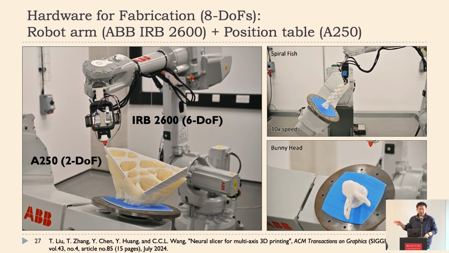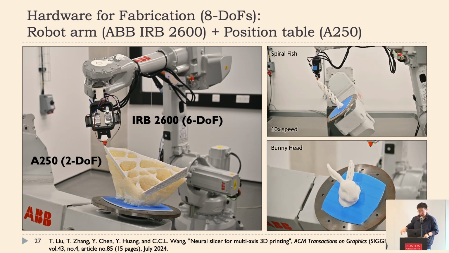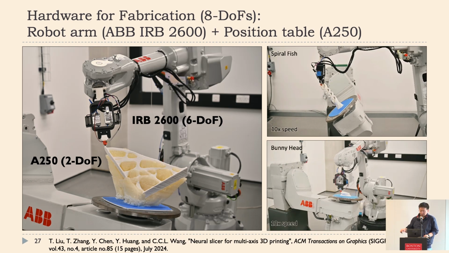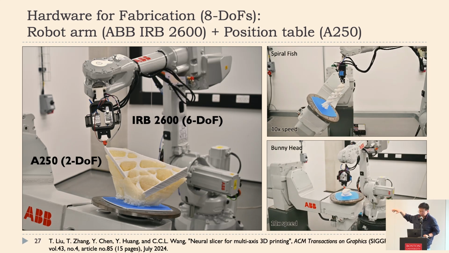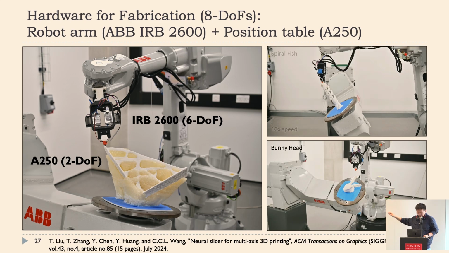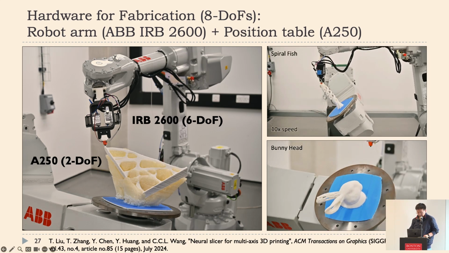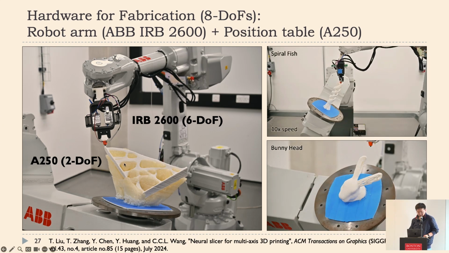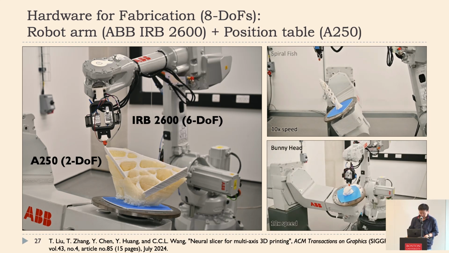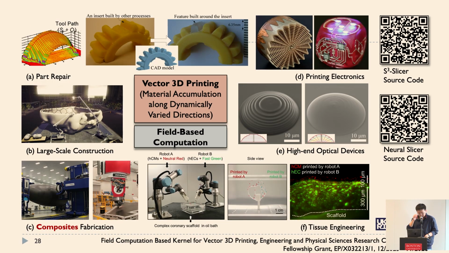I will come back to this a little later, on why we need this high degree of freedom, okay? As you can see here, all those models can be completely printed using this advanced model without support for some of the regions, some of the examples. But for this model, which is far more challenging, it turns out we still need a certain level of supporting structures, okay?